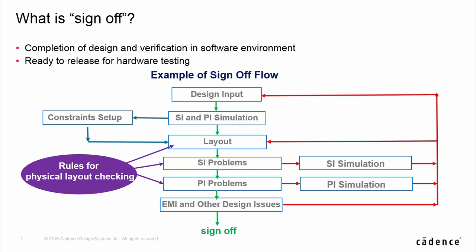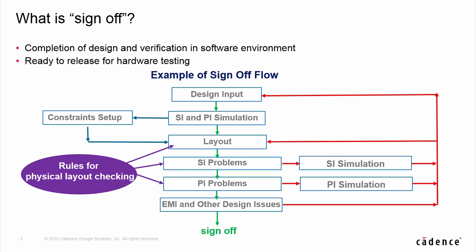Any violations of the constraints have to be evaluated and investigated using SI or PI simulation. The result of this simulation will guide design modification. Such iteration goes on until no SI or PI EMI issues, which to many designers and even for many tools means that the design cycle is finished. In other words, the design is signed off for hardware realization.